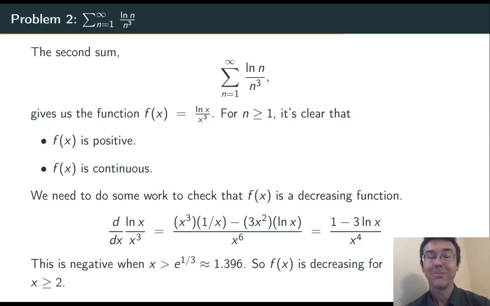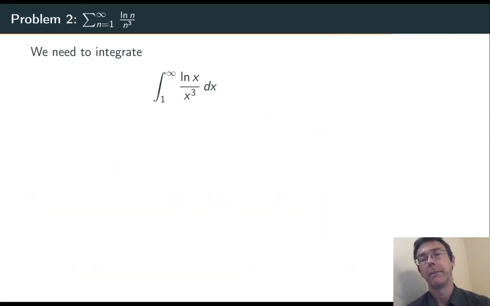Solving that for x, we get x greater than e to the 1/3, about 1.4. So this function is decreasing when x is greater than about 1.4. So x greater than or equal to 2 does it. Remember, it doesn't matter if the function's decreasing to start, as long as it's eventually decreasing. And that's the case here. The integral test is going to apply.